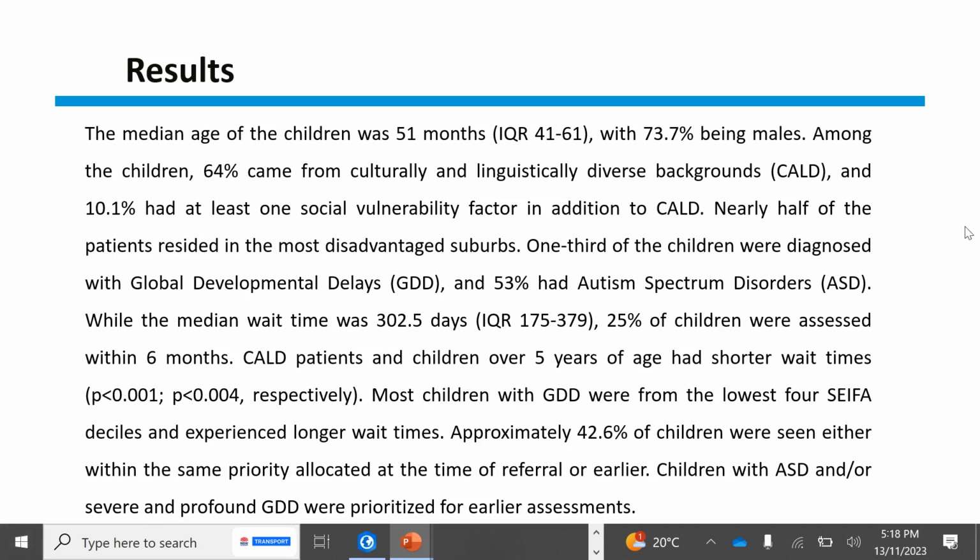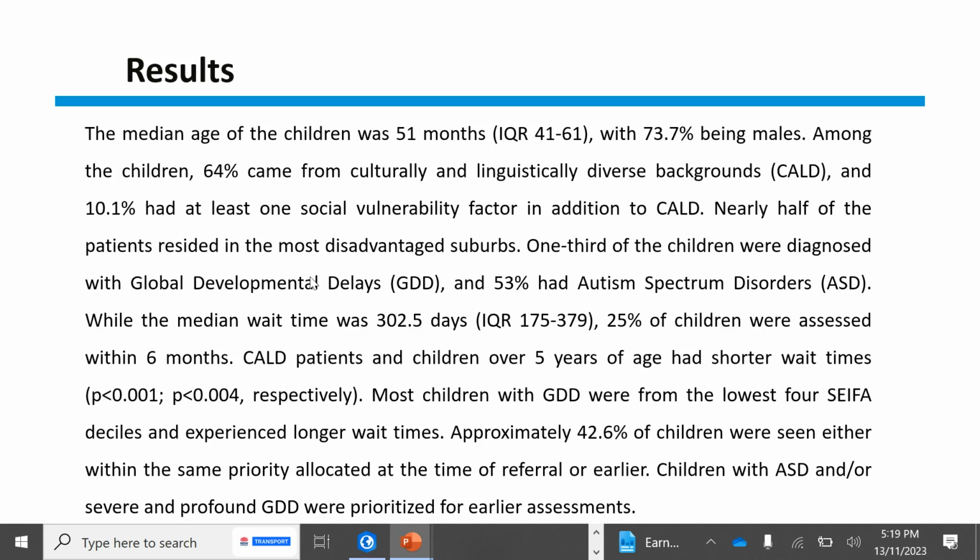Before going into a series of maps that I've created for this presentation, I want to go through some of the descriptive statistics and results. The median age of the children was about 5.1 years, with 73% being males. Among the children, 64% came from culturally and linguistically diverse backgrounds, what we call CALD, and 10.1% had at least one social vulnerability factor in addition to CALD.